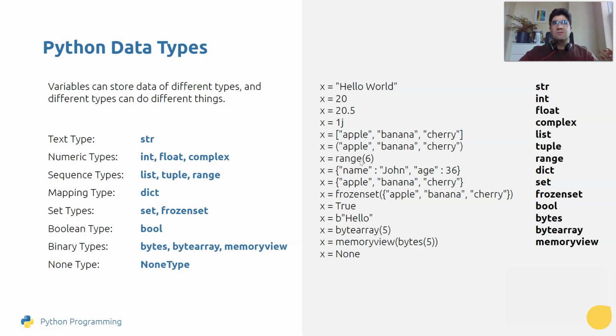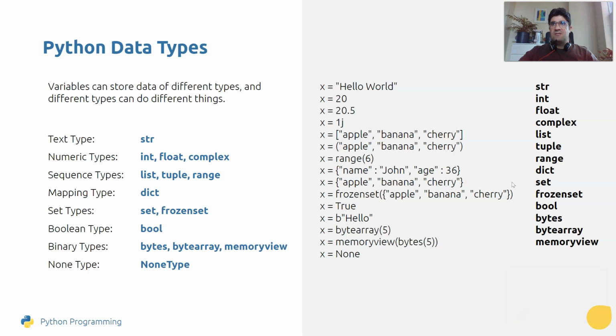I will show you in a sample. And then we have the dictionary, as I mentioned. So this is a key value data type. We have a key, in this case, for example, name, and we have a value, which is John. The key is age and the value is 36.